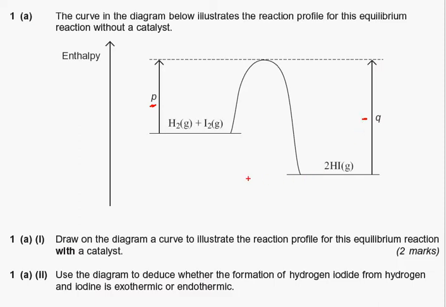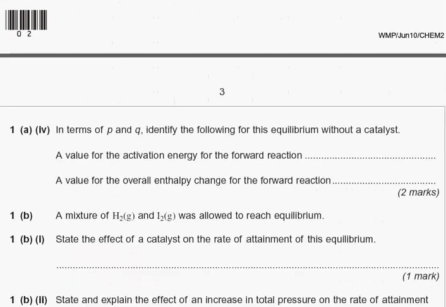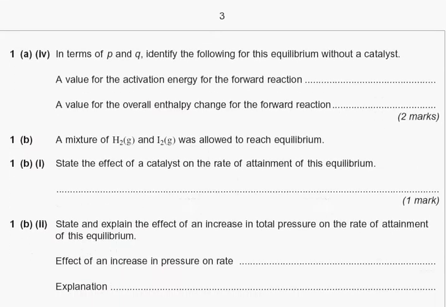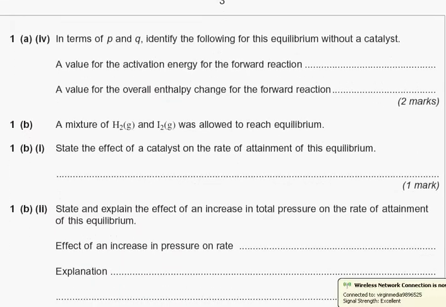That gives me a very neat calculation, because I'll end up with a negative number, and because it's exothermic, that's the amount of energy I'm going to give off. So the answer to that will be P minus Q. So we'll come back down. I'm bored of red. Let's go blue. This was P, the activation energy, and the overall is P minus Q.